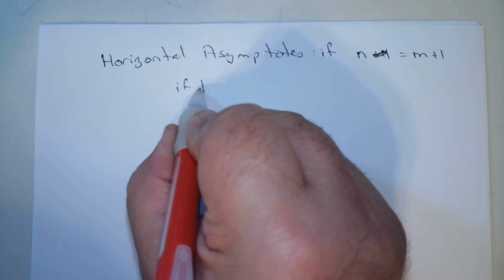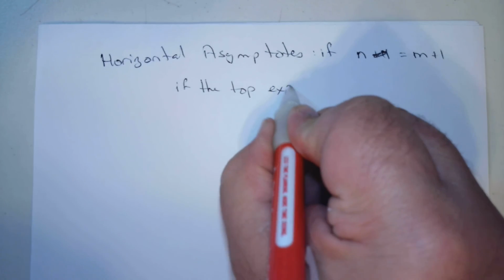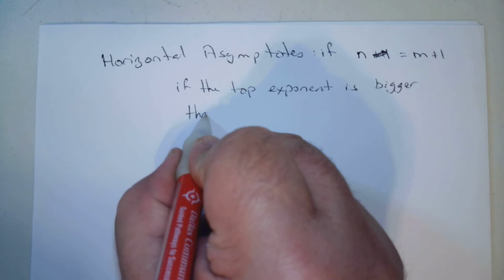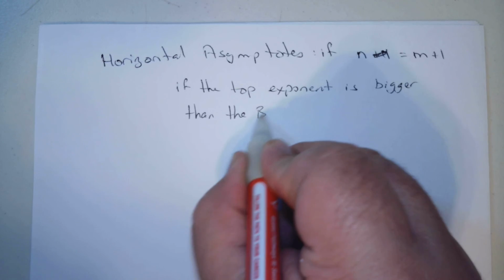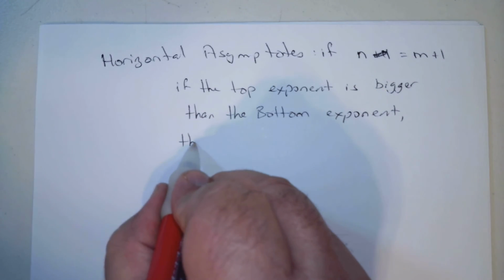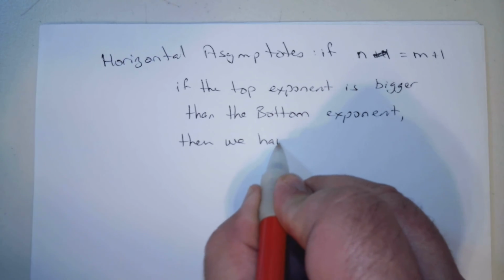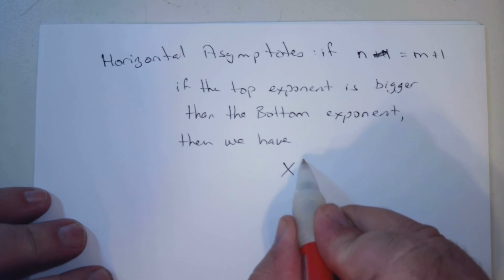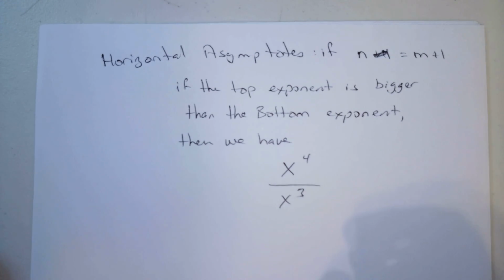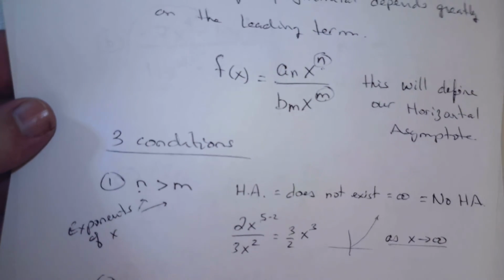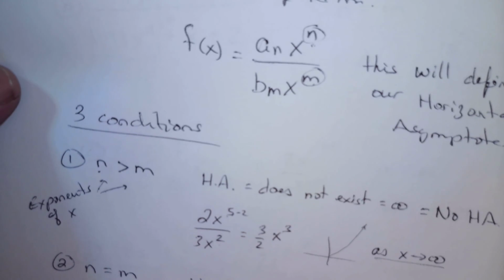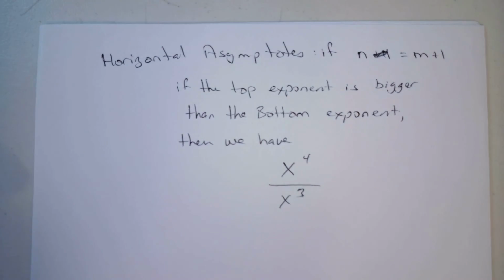In other words, if the top exponent is bigger than the bottom exponent, so notice, if we had x to the 4th over x cubed, as we said earlier, if the top exponent is bigger than the bottom, then there's no horizontal asymptote. But there's always a but.